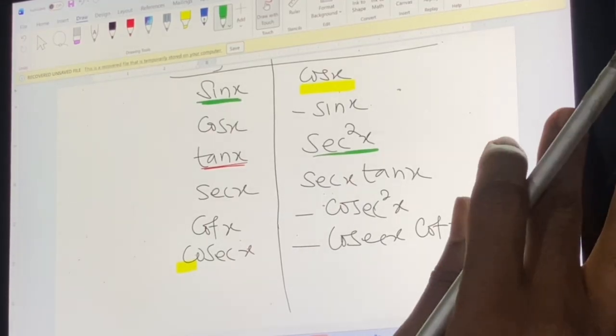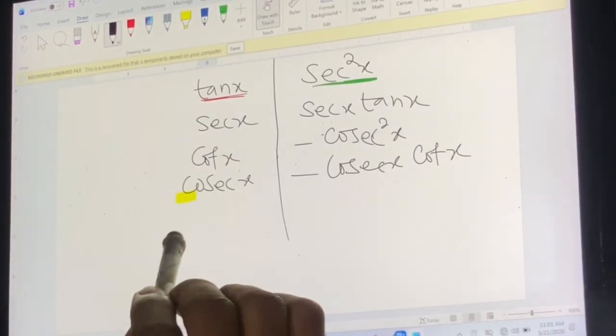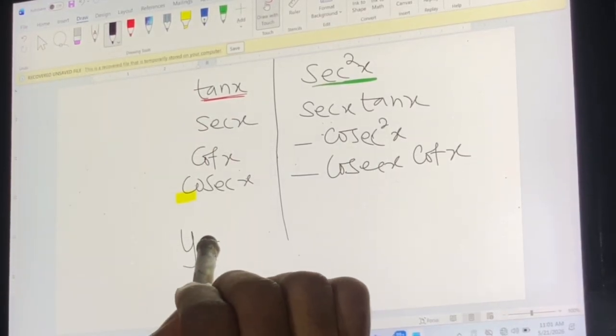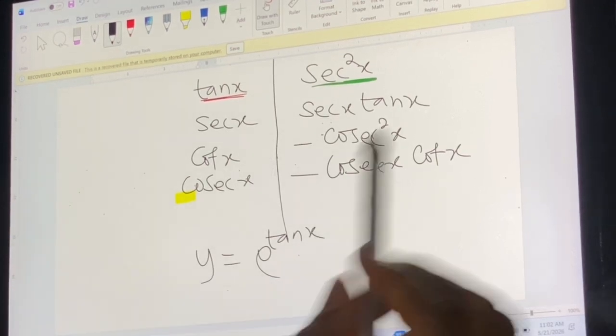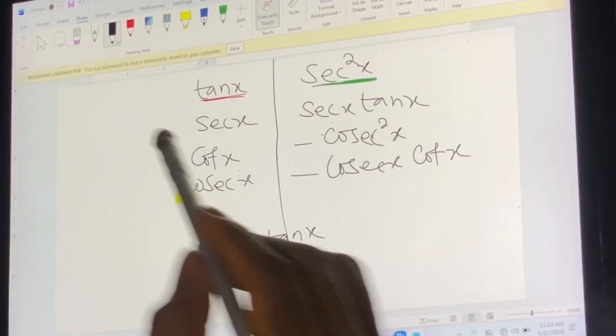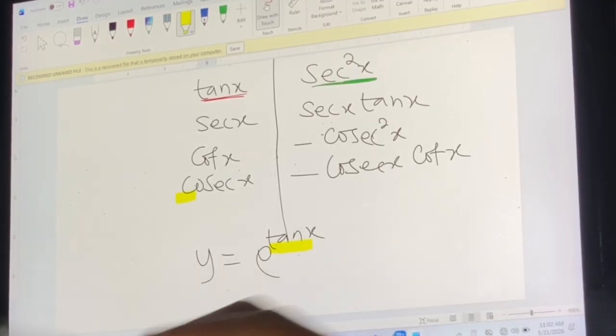We have a question, and the question is given to us as y is equal to exponential tan x. And remember, the format to differentiate an exponential is to differentiate what is at the top of the exponential, take it down, and repeat the equation.